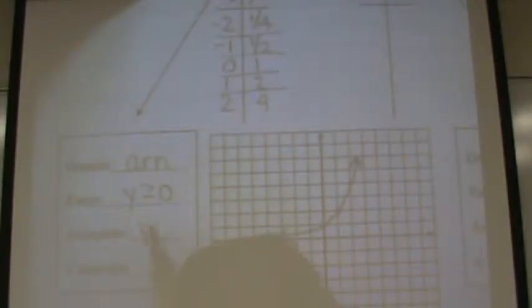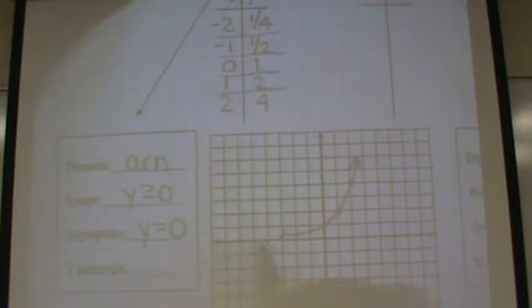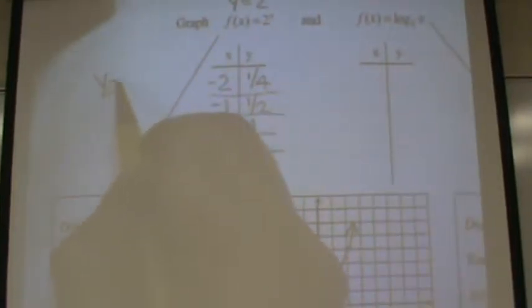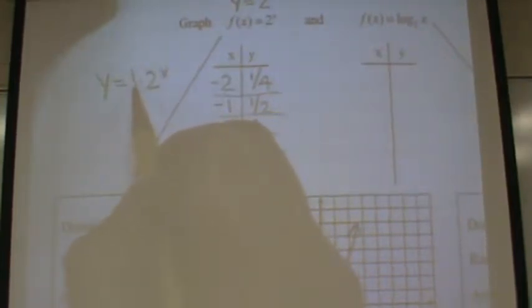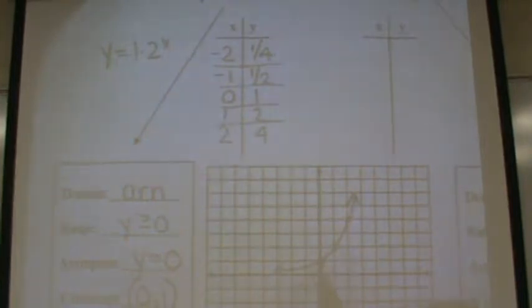So y equals 0 is a horizontal asymptote. This graph is getting closer and closer to the line y equals 0. And our y-intercept is 0, 1. Just so you know, the y-intercept is the number in front of this 2. It looks like this: y equals 1 times 2 to the x power. This is your y-intercept, 0, 1.